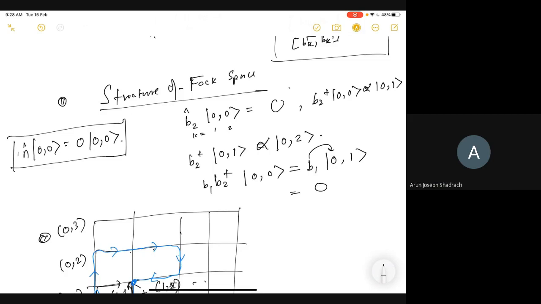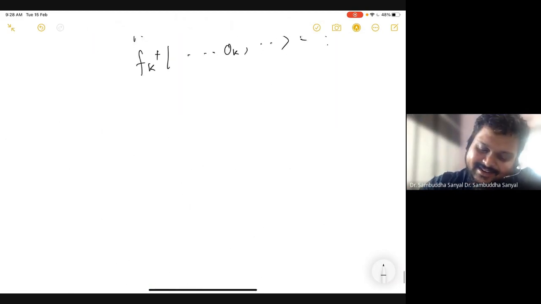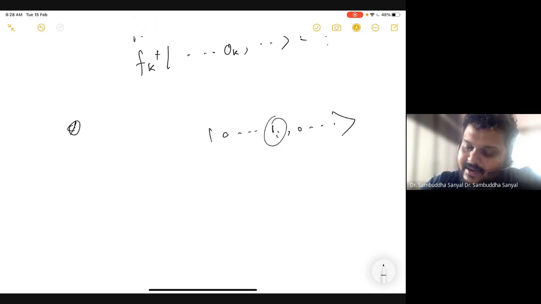If you are saying you have 1 at the ith position and 0 everywhere else, that means you have one particle at the ith position.